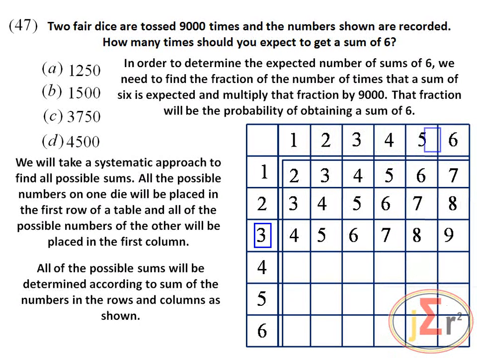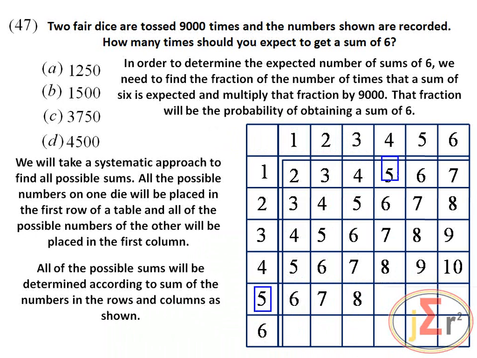So we will take 4 and add 1, 5. 4 plus 2 is 6. 4 plus 3 is 7. 4 plus 4 is 8. 4 plus 5 is 9. 4 plus 6 is 10. Then we go to the other row. 5 plus 1 is 6. And so on and so forth.